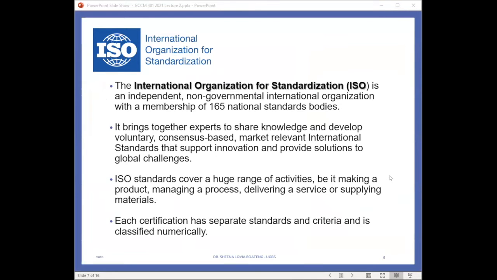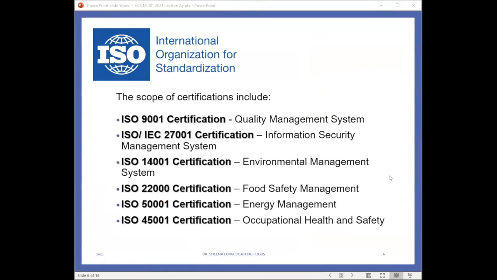Now we talked about the fact that the standards are myriad. There are so many of them. We have 9000, 17000, 27000, 22000, 50000, you name it. And each of them targets a specific system, which the organization can get certified for. So we talked about a few examples of the certifications, like you can see on the screen, and then organizations that can benefit from obtaining that certification.